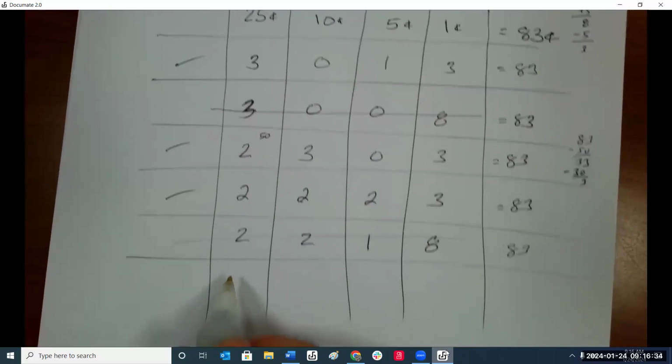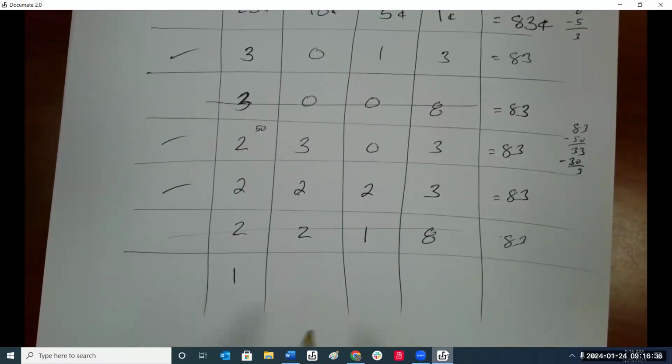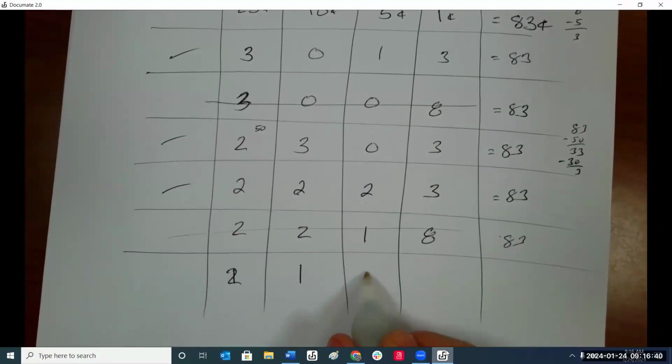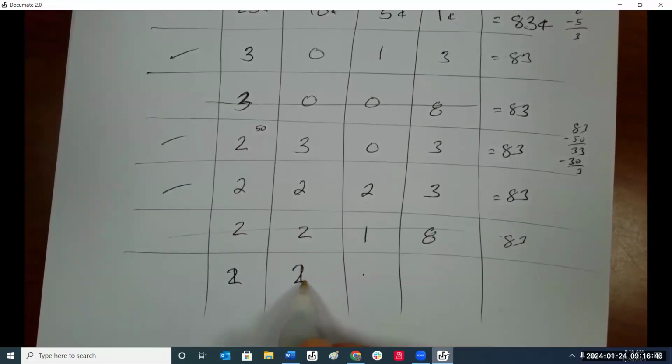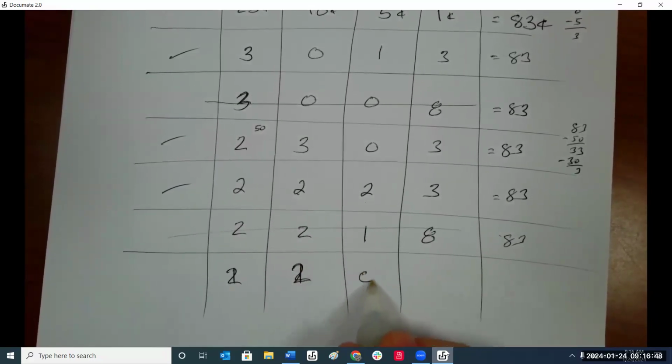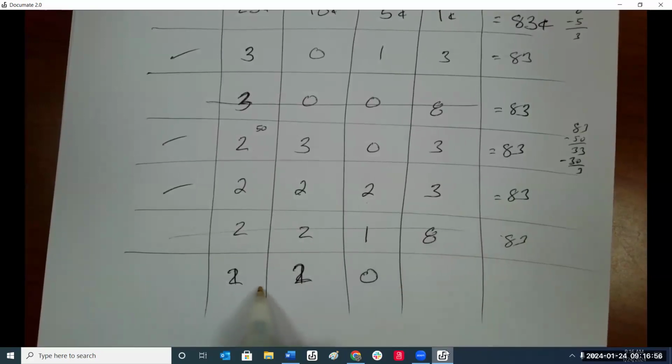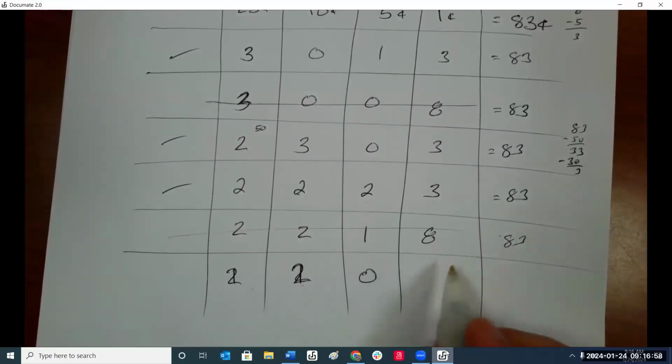How about if we only had 2 quarters, 1 dime, and if we had 2 of those, we have no nickels. So we have 50, 60.